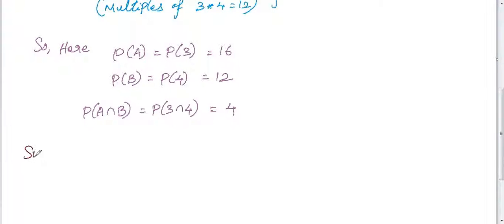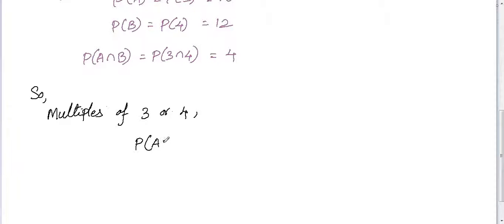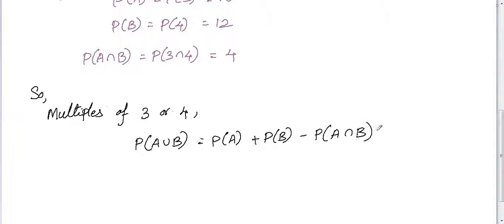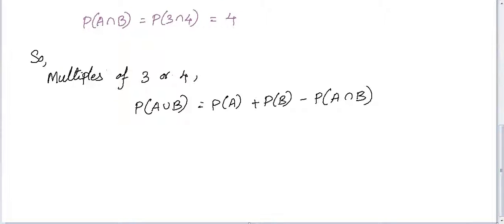So now for the multiples of 3 or 4, the general formula is P of A union B equals P of A plus P of B minus P of A intersection B. Just substitute the above values into this and find the P of A union B, which is P of 3 union 4.